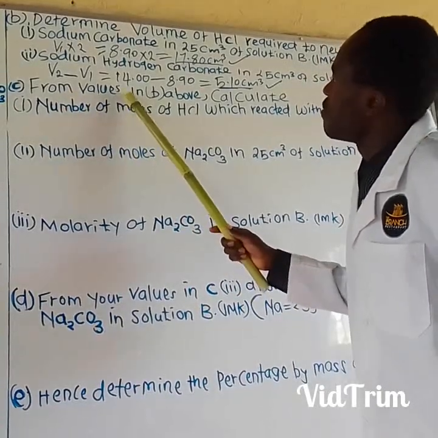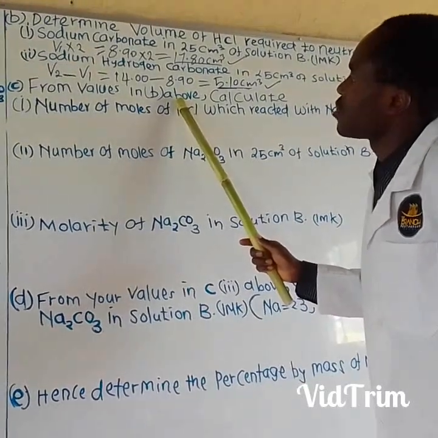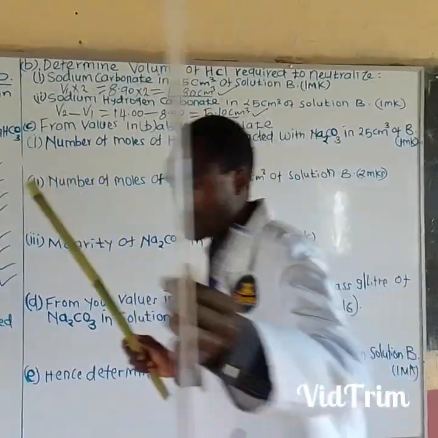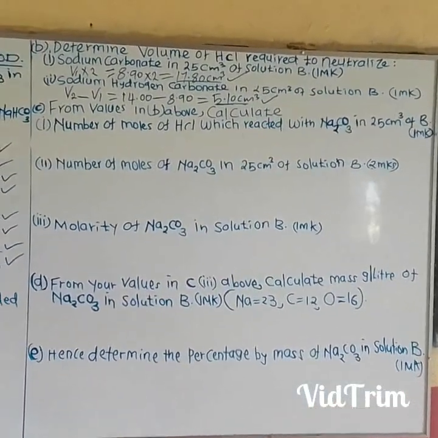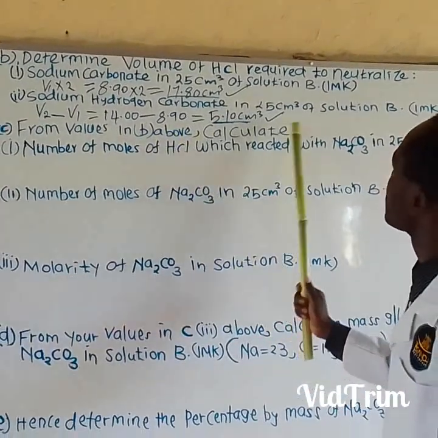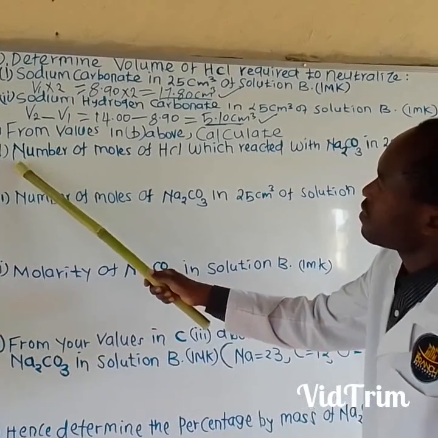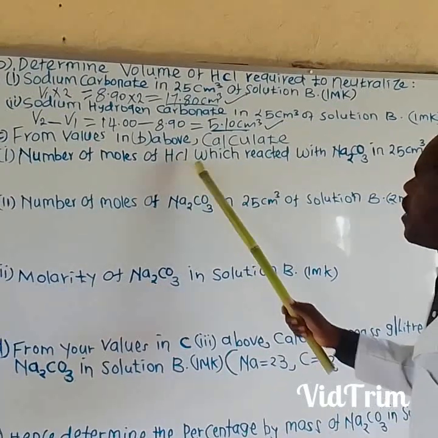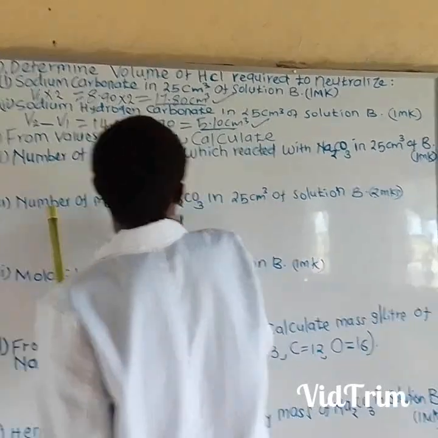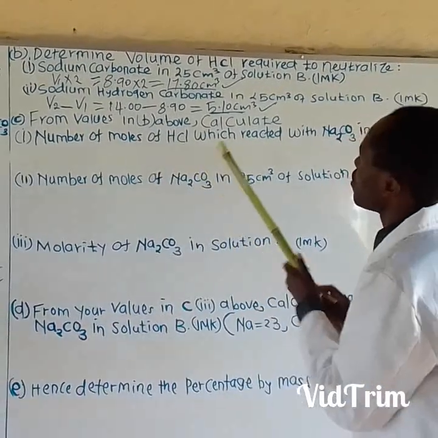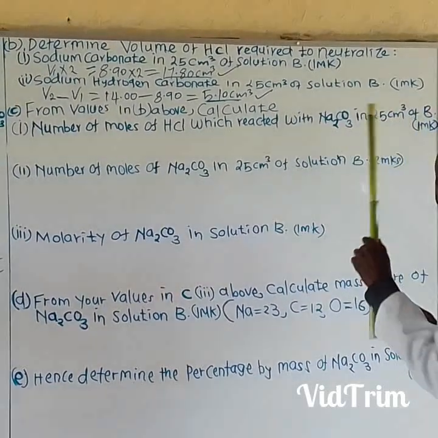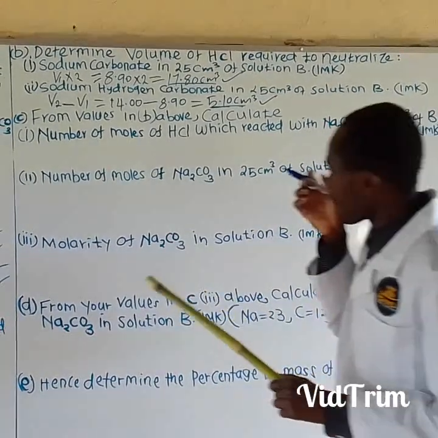From values in question B above, calculate Roman 1, the number of moles of hydrochloric acid which reacted with sodium carbonate in 25 centimeter cube of solution B. So here, my student, it is very simple.